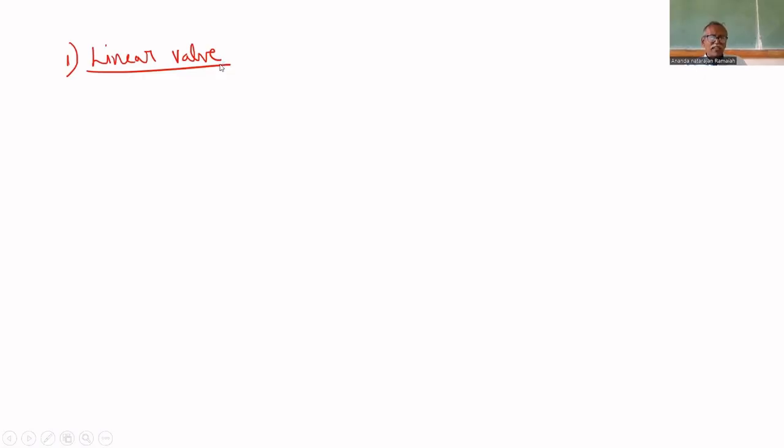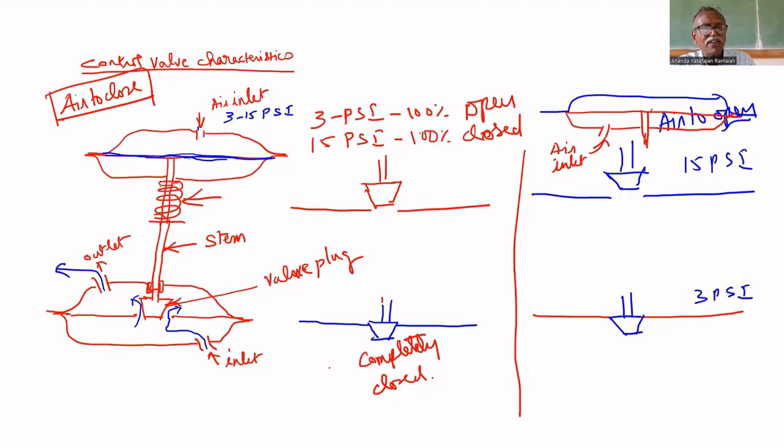If you plot valve opening, how it varies from 3 to 15 psi, or we can say 0 to 100%. 50% means 9 psi. What is the middle value? The middle value is 9 psi, which means 50% open.